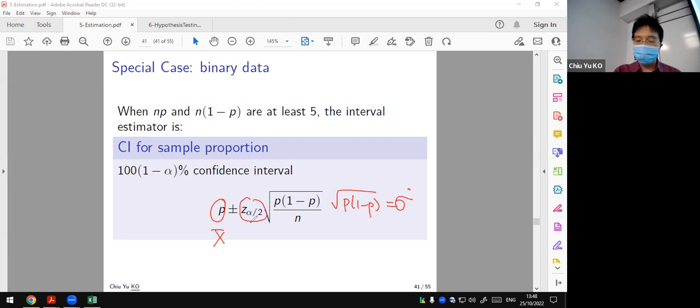We don't need to use t with n minus 1 and alpha over 2, because this is binary data and we are using a normal approximation.